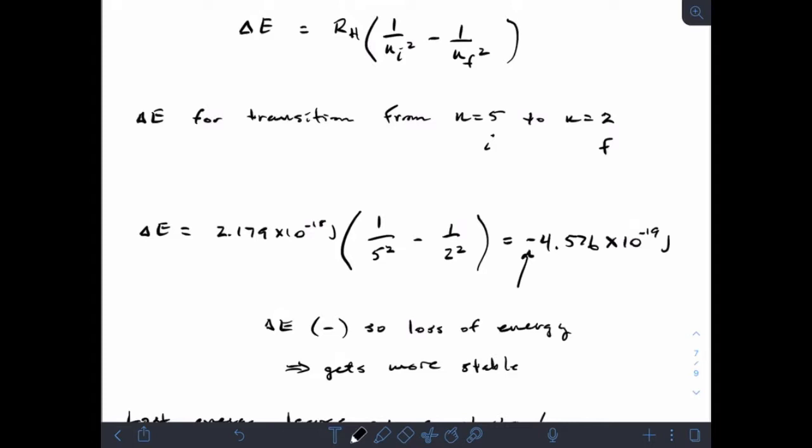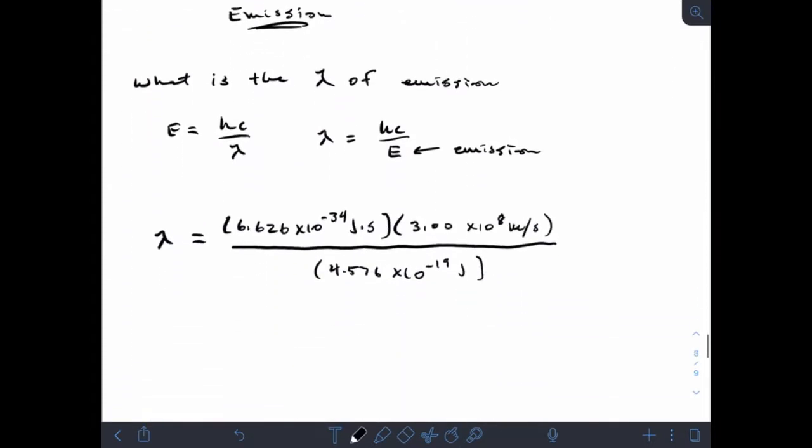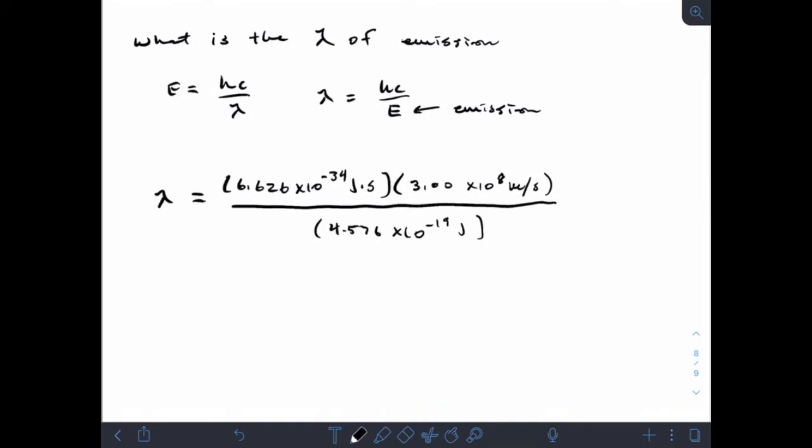Is the energy going out or is the energy going in? It's not necessarily something that affects the numerical value. So when we calculate our wavelength here, we're not concerned with whether the energy is going out or going in. We just want to know the wavelength. We already know that it's emission, so we know that the energy is going out. So the magnitude is all that matters to us.